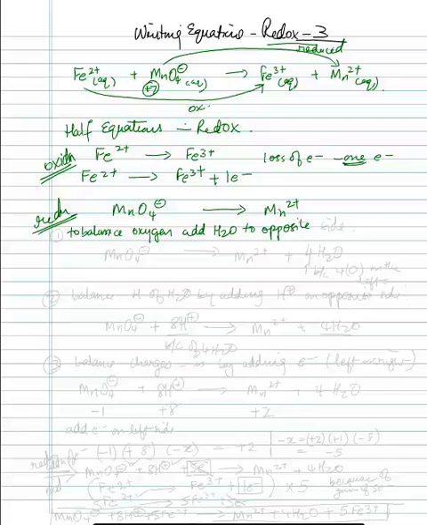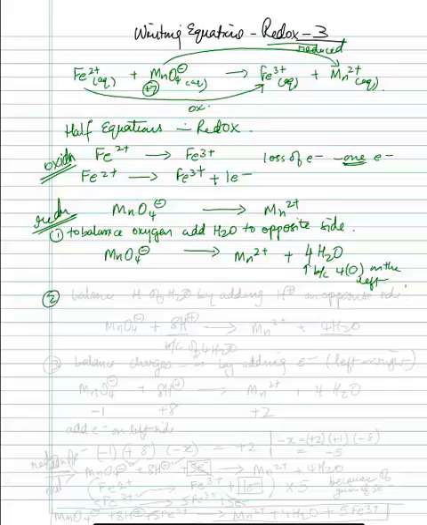I'm going to work this step by step. You're going to do this a lot more in Gen Chem 2, but this is just a good introduction. So on my right hand side of the equation, I'm going to add water, H2O, and because I have 4 oxygens on the left, I'm going to add 4. So that's one thing that I do.